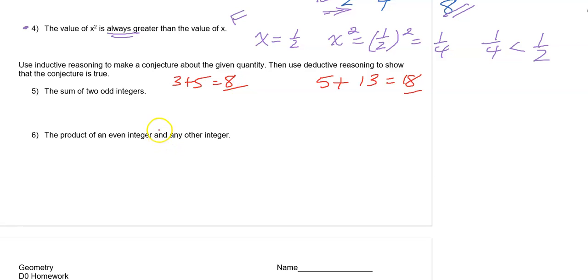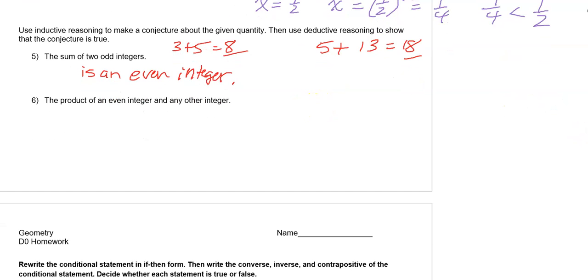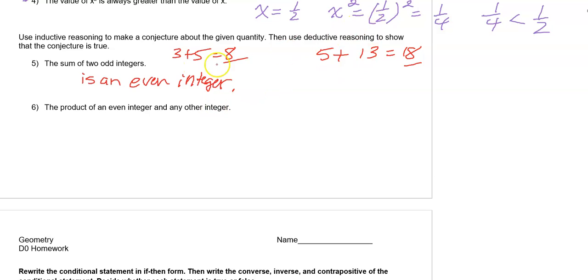Those two sums are even. So the sum of two odd integers is an even integer. That's my conjecture, and I'm pretty sure deductive reasoning, it's a definition. Well, I think it has to be true because of our rules. And it's also a definition.